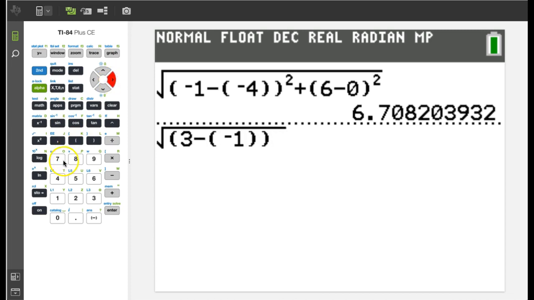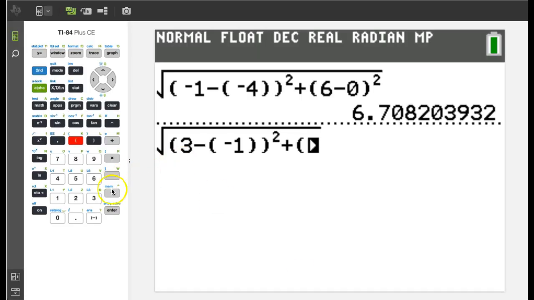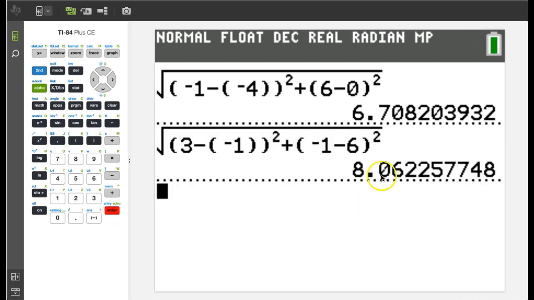Okay, so now we want 3 minus negative 1 squared plus, what was our second part? Negative 1 minus 6. Close the parenthesis, square that. And that gets us 8.062.